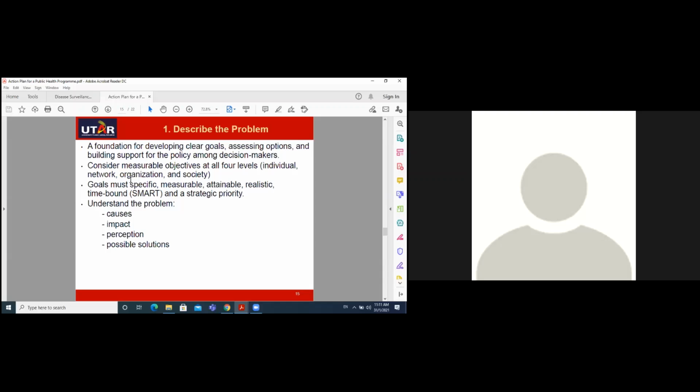The goals that we outline in the policy follow the SMART criteria: specific, measurable, attainable, realistic, and time-bound. For example, we are going to reduce the prevalence of tobacco use by 5% by 2030, but our current prevalence rate of tobacco use is maybe around 20%.